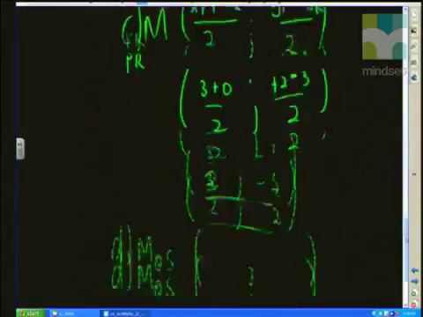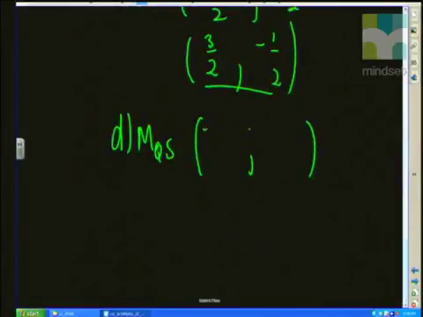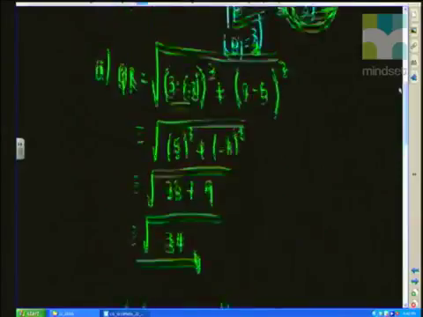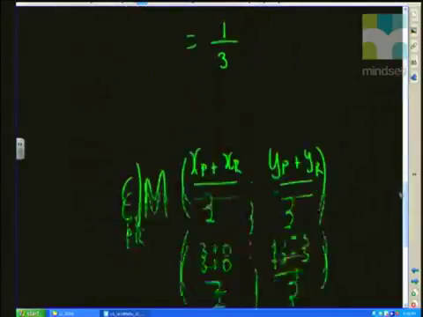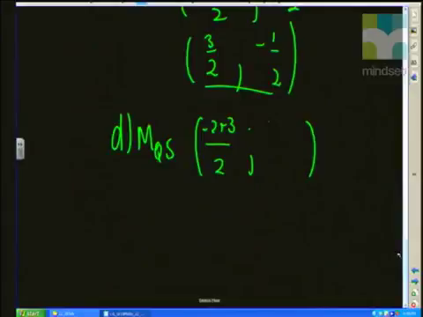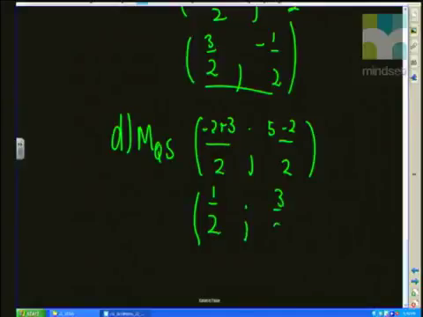I'm working out the midpoint, so it's the sum of the x values, minus 2 plus 3 divided by 2. And then it's going to be the sum of the y values, so it's going to be 5 minus 2 all over 2. And we will end up with a half and 3 over 2.